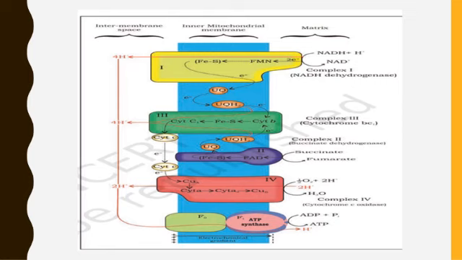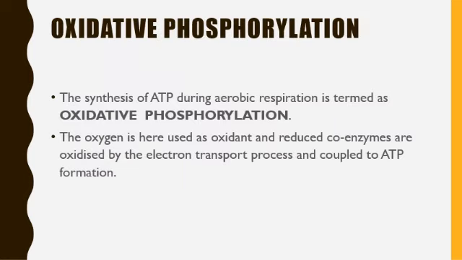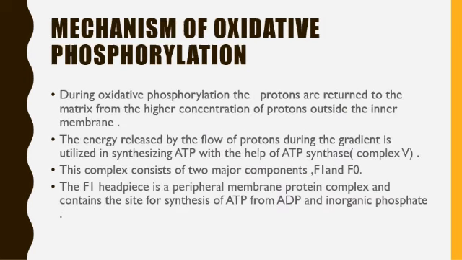So now we will discuss what is oxidative phosphorylation. The synthesis of ATP during aerobic respiration is termed oxidative phosphorylation. Oxygen is used here as the oxidant, and reduced coenzymes are oxidized by the electron transport process and coupled to ATP formation.